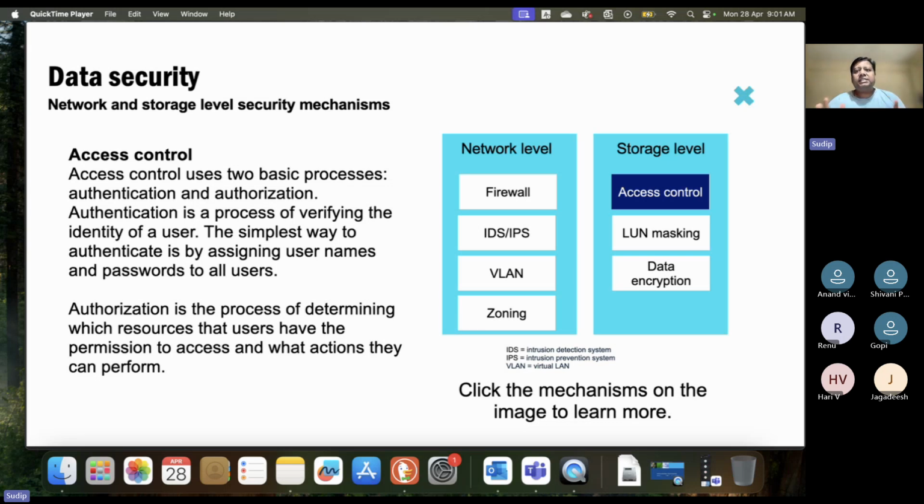All these levels of access can be defined in that Active Directory. So Active Directory not only helps you to authenticate a user, it also helps you to define what levels of access that user can have for various hardware and software systems inside the complete corporate network.